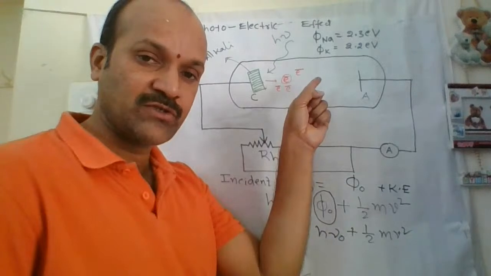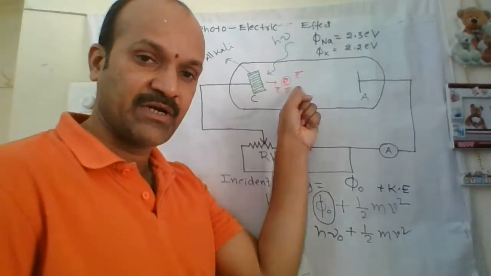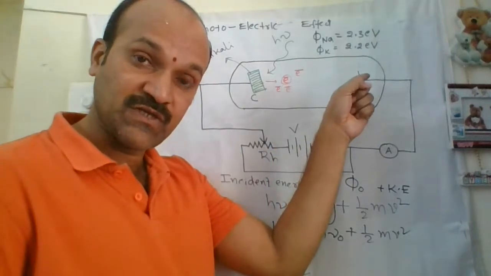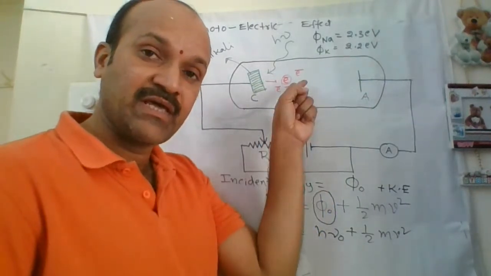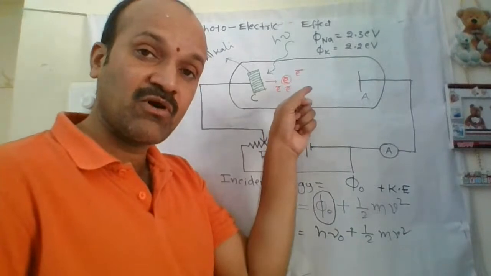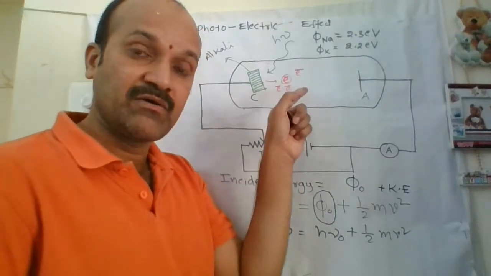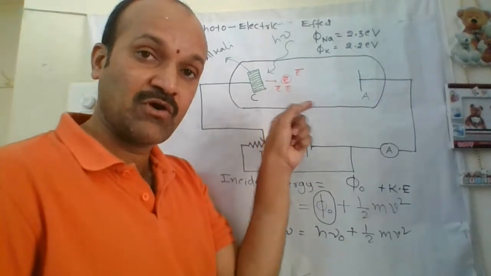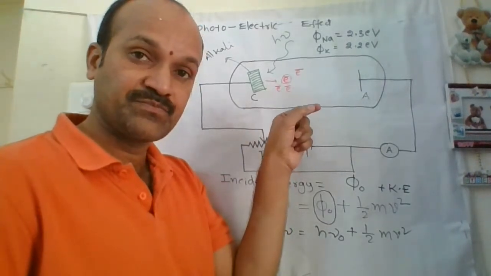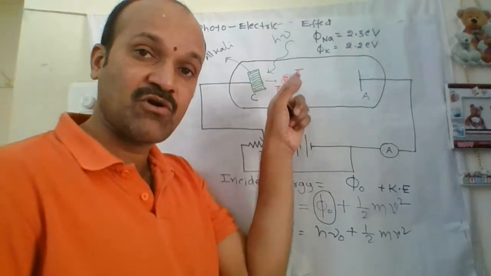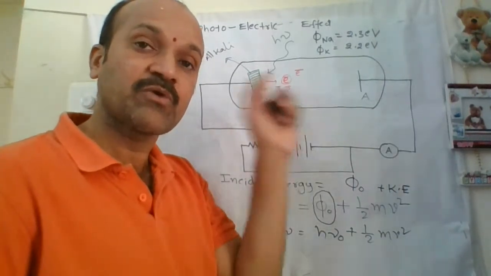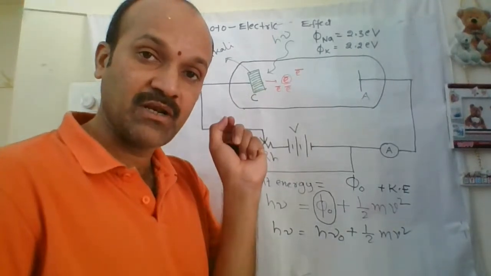Then the emitted electrons will be opposed and will not reach this electrode. The potential for which all the emitted electrons are stopped is called the retarding potential, or stopping potential.